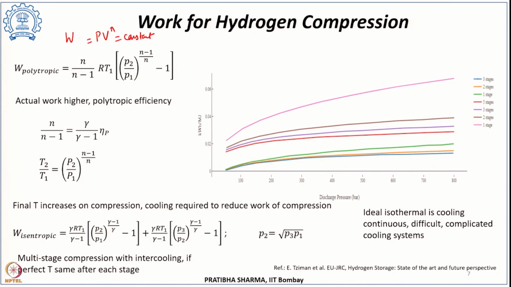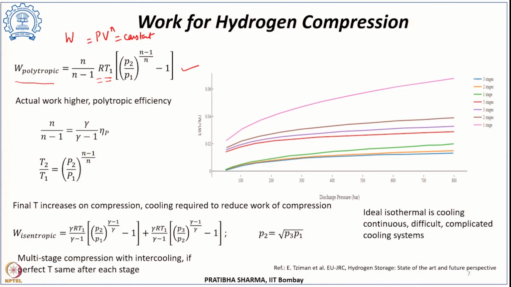So, the polytropic work is n upon n minus 1, where n is the polytropic index, times R T1, the initial temperature and gas constant, times the pressure ratio P2 by P1 to the power n minus 1 upon n, minus 1. So, this is the work of compression which will be required if the process is considered to be a polytropic process. This is considering an ideal process.